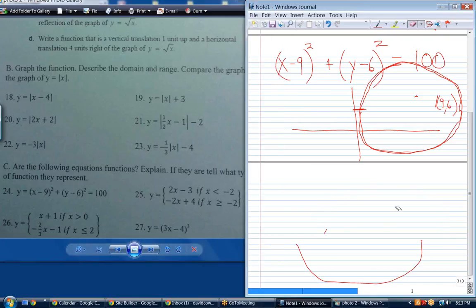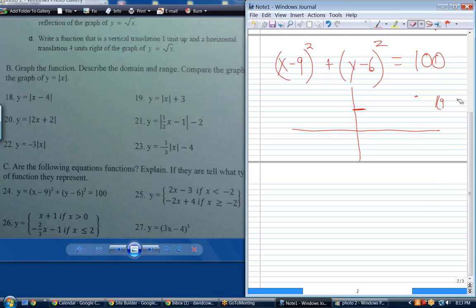Okay, let's graph 25. It's in the graphing of these things that you can tell whether they're functions or not. So first of all, how am I going to graph this thing that may or may not be a function?